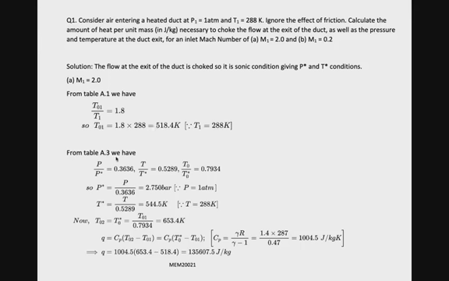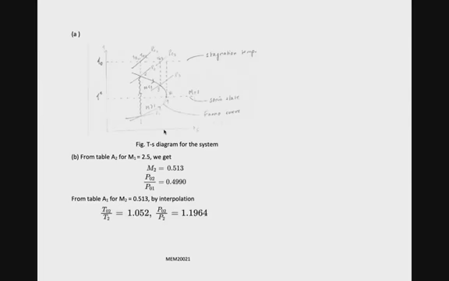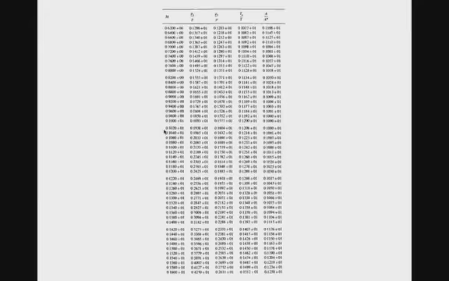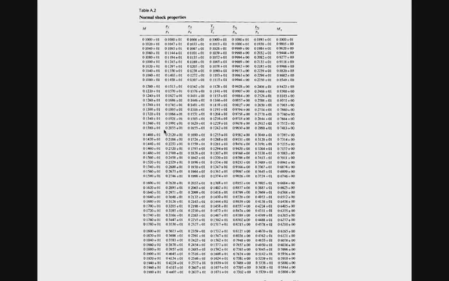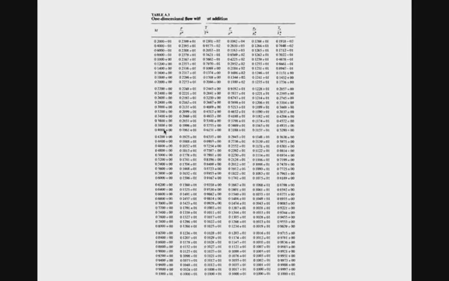Now from table A3, since the flow is one-dimensional with heat addition, which is a Rayleigh flow, if I just scroll down, table A3 is the one-dimensional flow with heat addition.